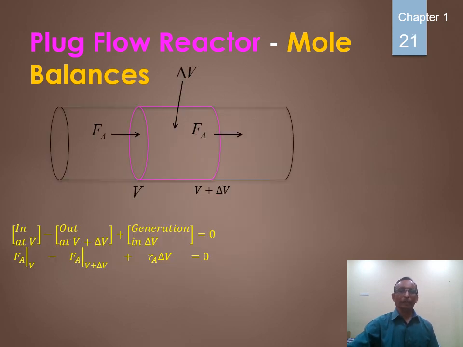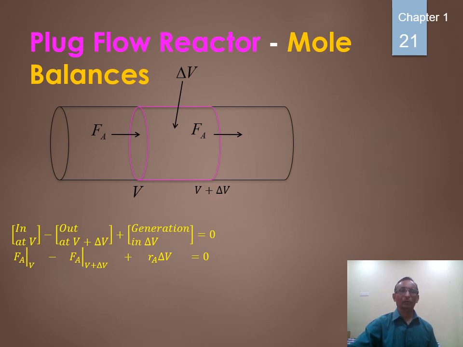So plug flow reactor. This is just like a pipe. Consider any type of pipe having a particular diameter and length, through which inlet is defined as Fa0, outlet is defined as Fa. But when your material enters inside the pipe, there is a change in the concentration at respective volumes or respective places.